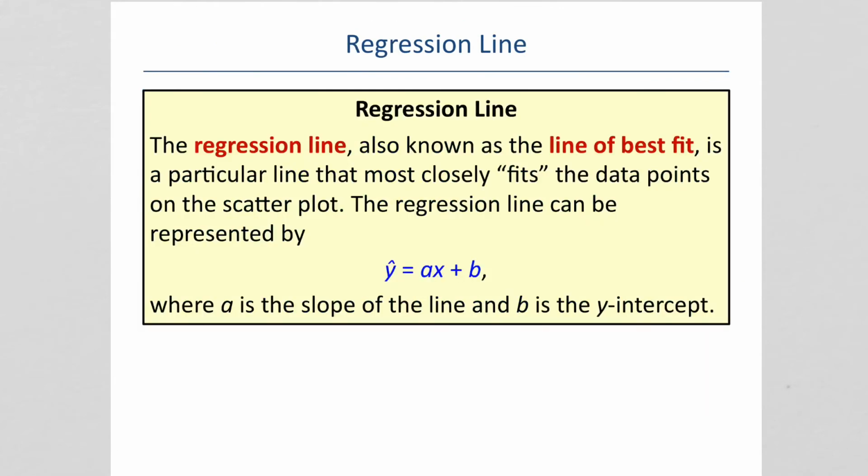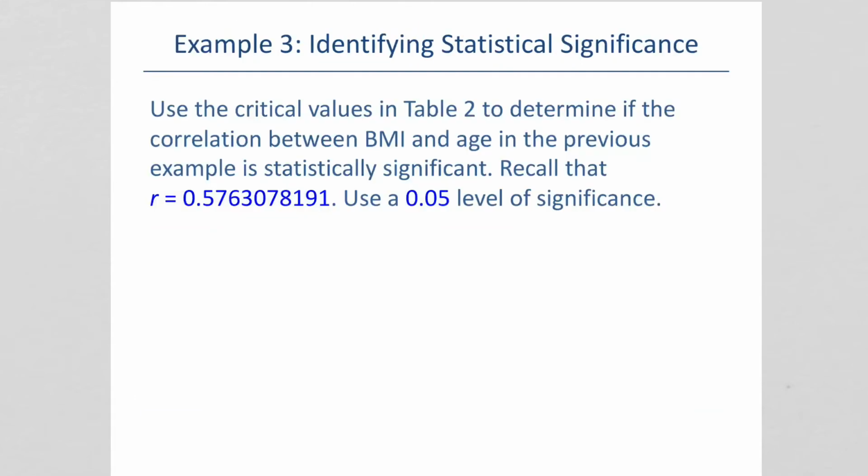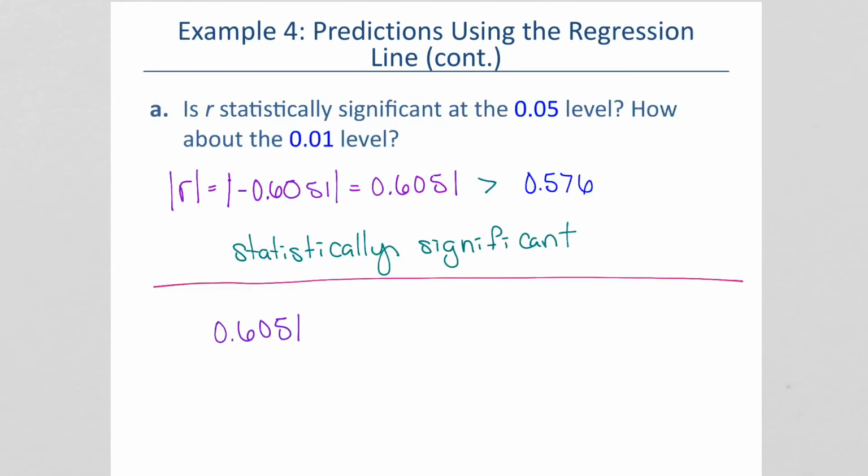So if we go back to that table, if N is 12, 0.01 is 0.708. So in this case, at the 0.01 level, we would not be statistically significant.